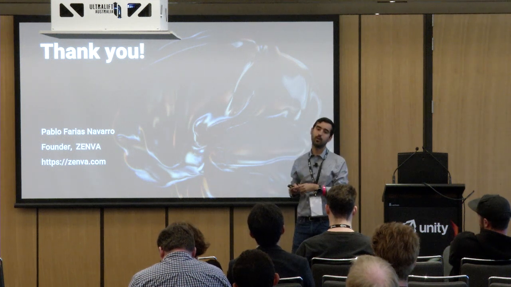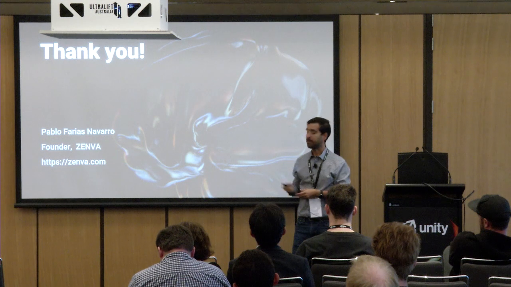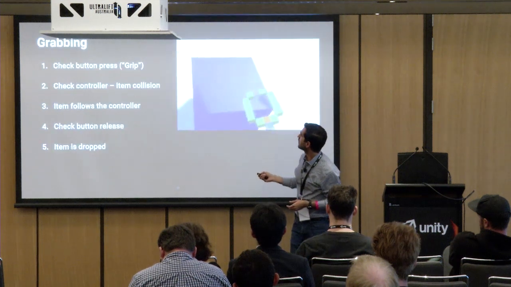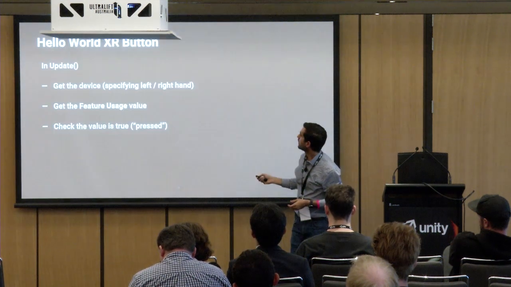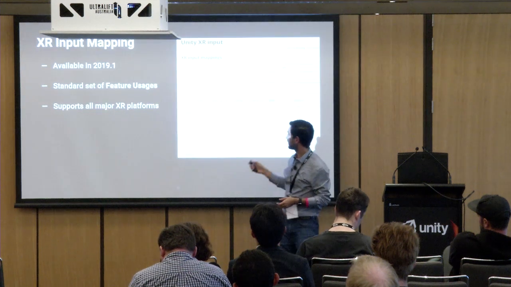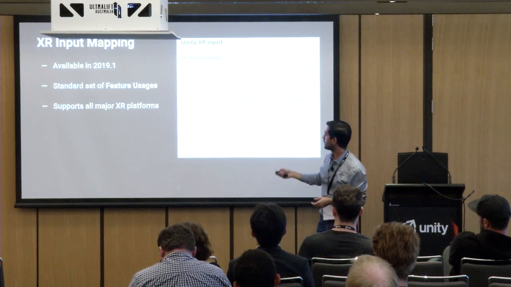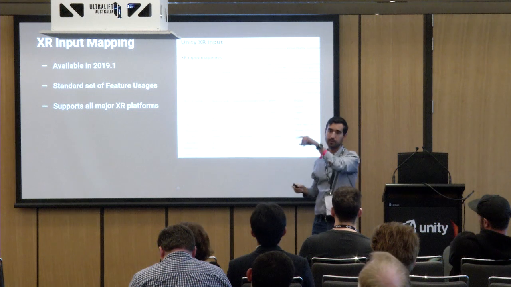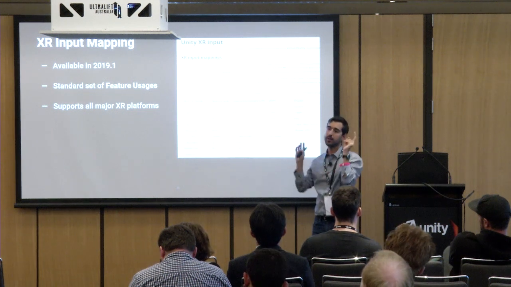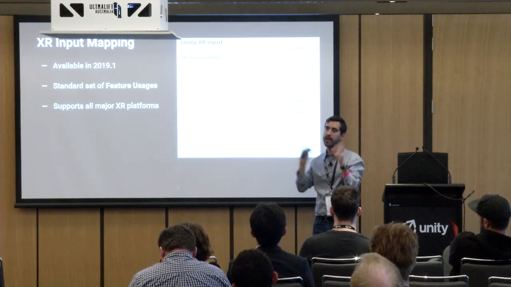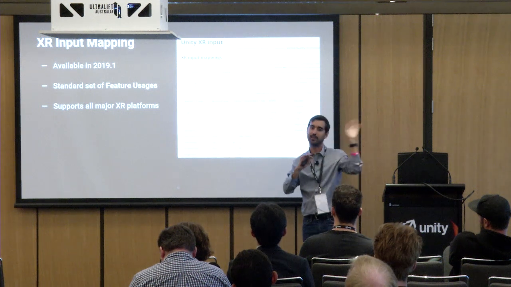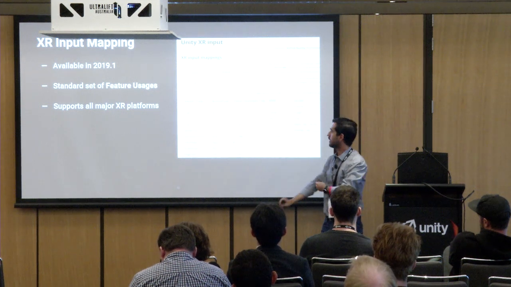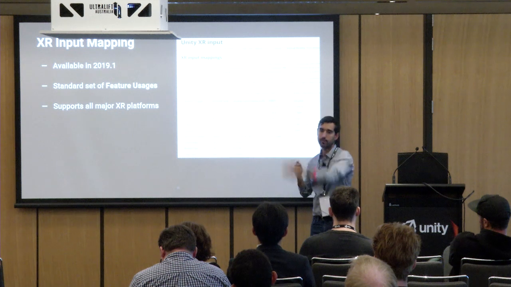Yeah, no. So the old system before 2019.1, it didn't have anything like this. Let me bring that back. So there was nothing like this. You had to create this yourself. You had to go into input mapping, and I'm going to call this trigger, and that's going to be button 8 or button 10 for this other headset, and so you had to create all of that yourself.